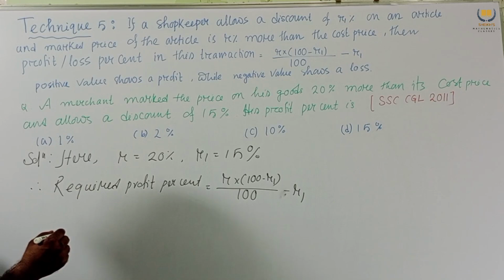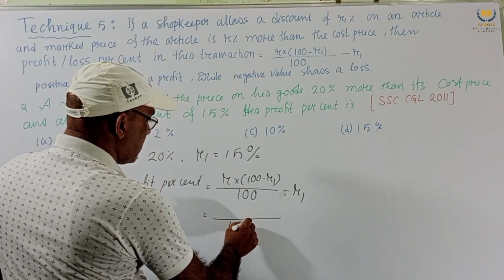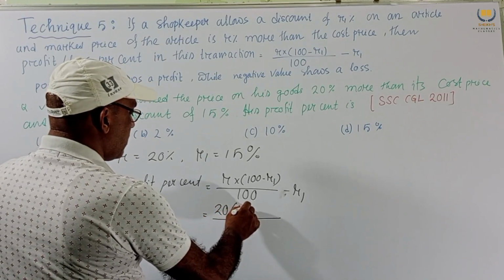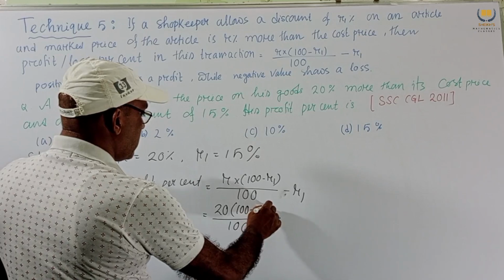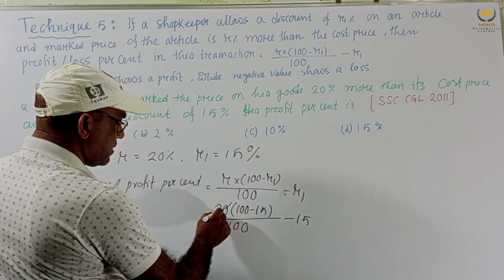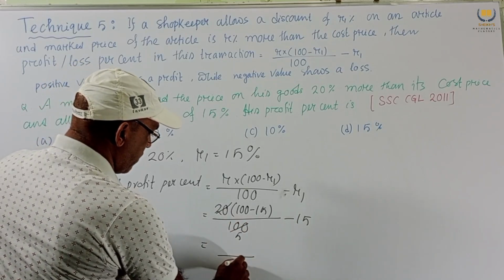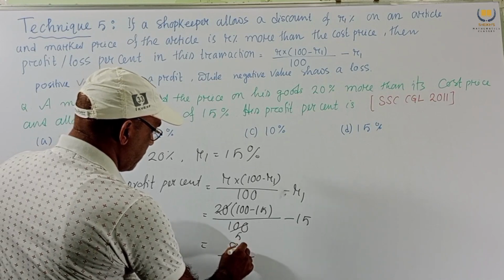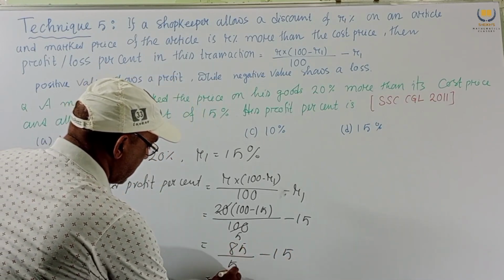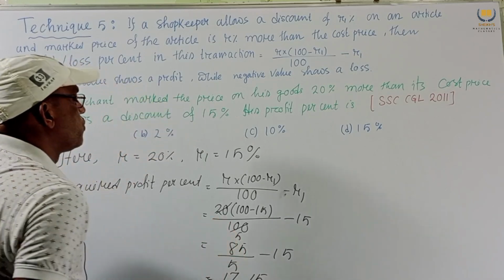Now putting the values: 100 remains the same, R means 20, 100 minus R1 means 100 minus 15, this is 85, and the denominator 100 minus 15 is 85, so 85 by 5, 17. 17 minus 15, then we get 2.